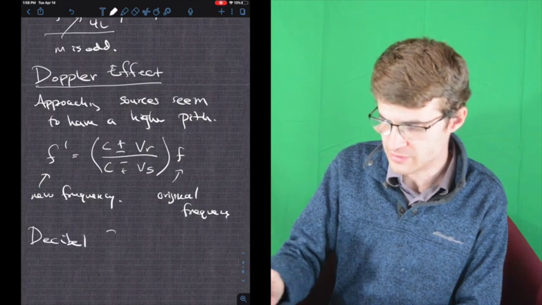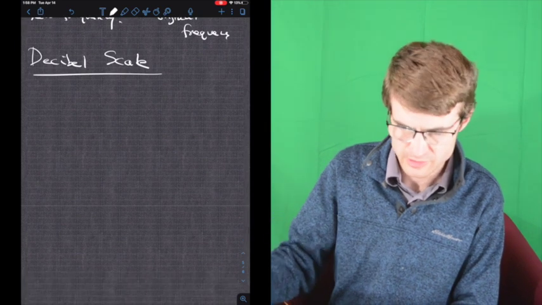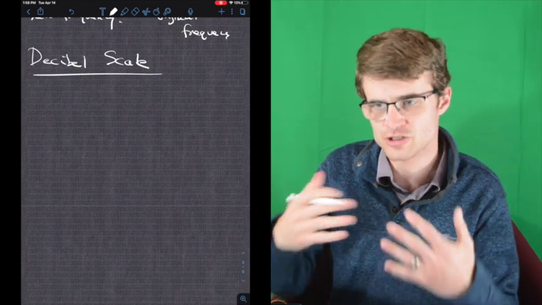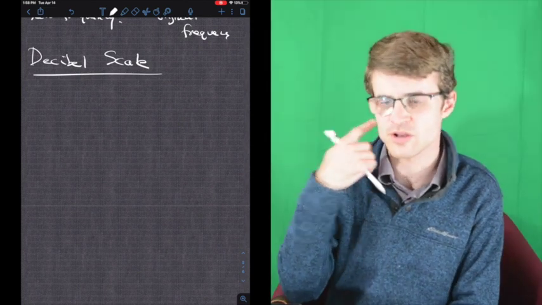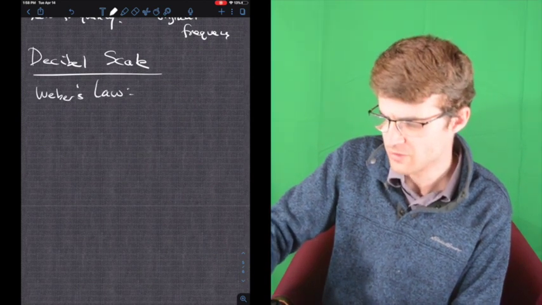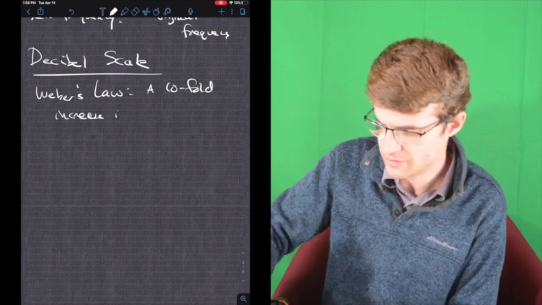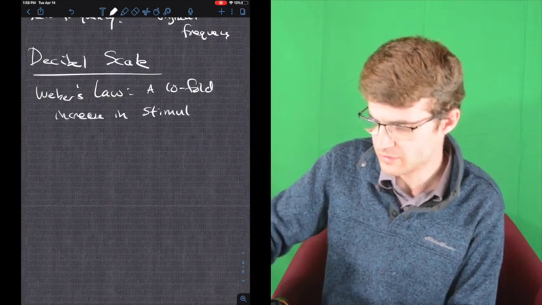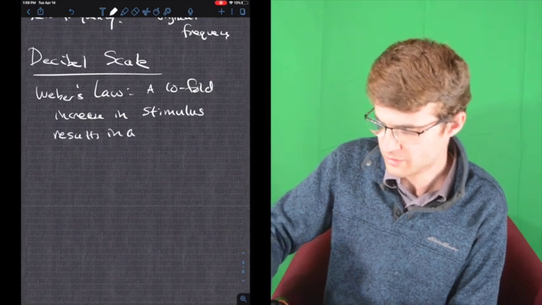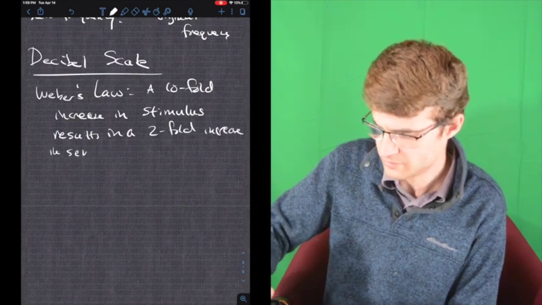The next important concept was the decibel scale. The decibel scale is a way of describing the intensity of a sound that sort of agrees with our ears. You'll remember there's this thing called Weber's law or something like that, which says that a tenfold increase in stimulus results in a twofold increase in sensation.